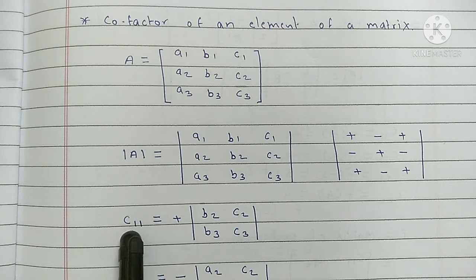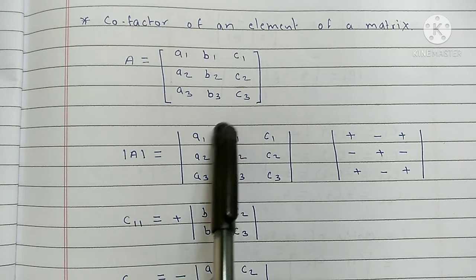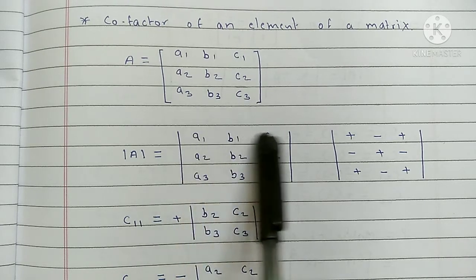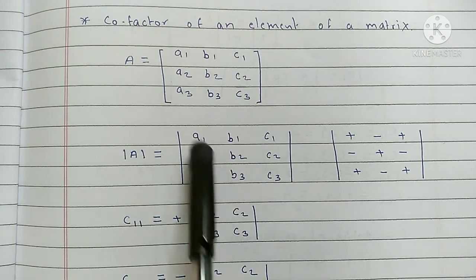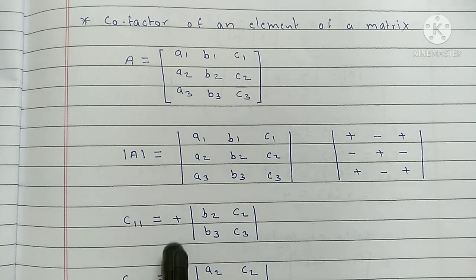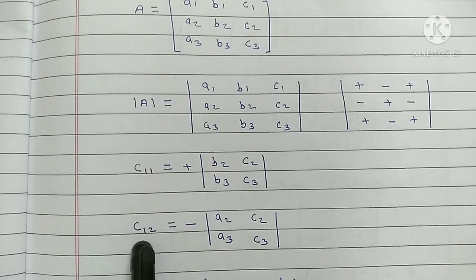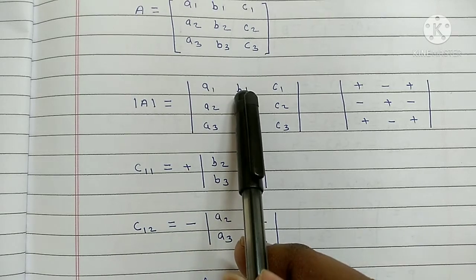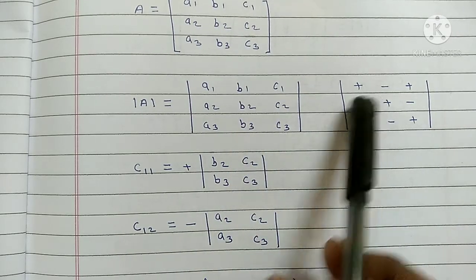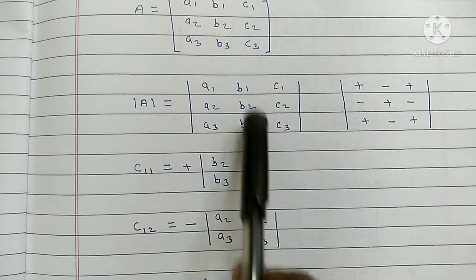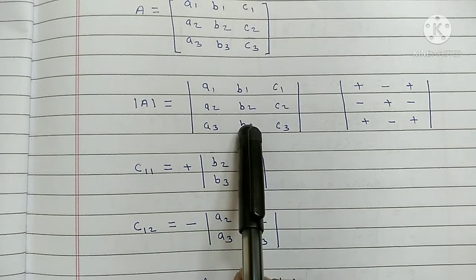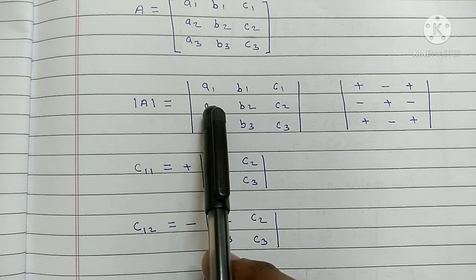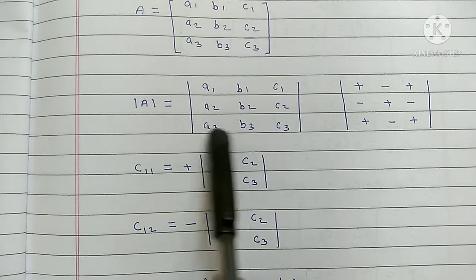Then next we will find cofactor of the second element, B1. Now B1 is in first row, second column. So C12 is equal to, now corresponding sign of this B1 is minus. So minus, and B1 is in first row, second column, so delete first row and second column. So it is A2, C2, A3, C3.